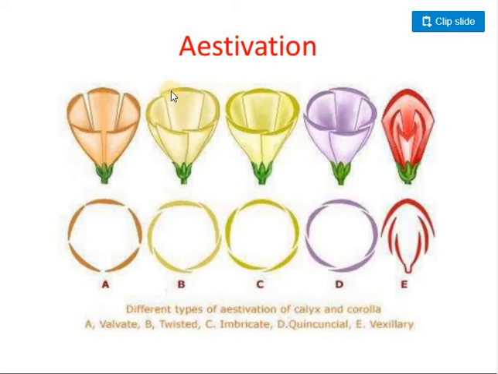So each petal or sepal has one end inside and the other end outside. This is called twisted aestivation.